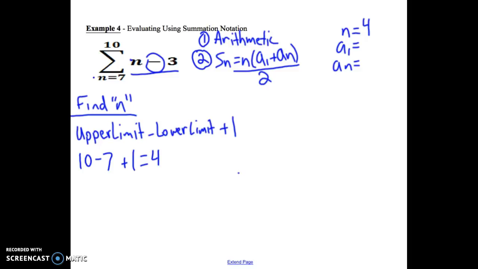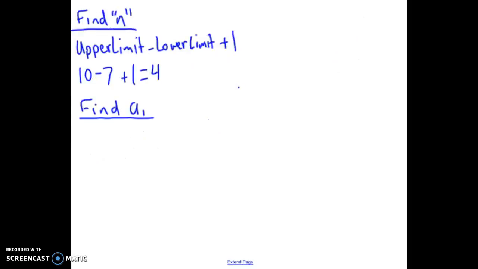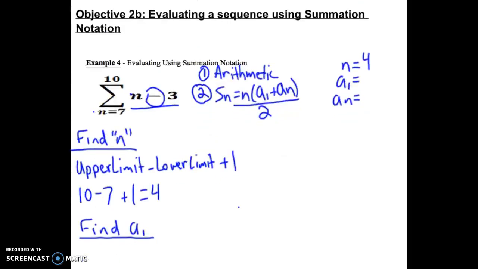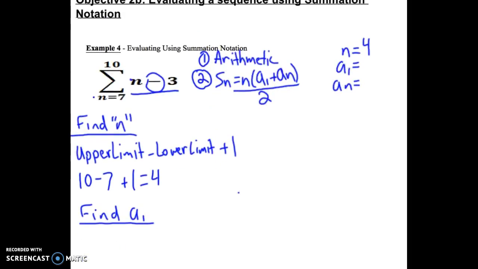Now, the second piece, find a sub 1. To find a sub 1, you've done this before. All you do is input the first term that I care about in this sequence, and the first term that I care about is the 7th term in this sequence.